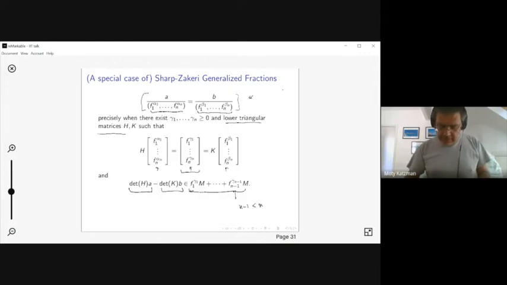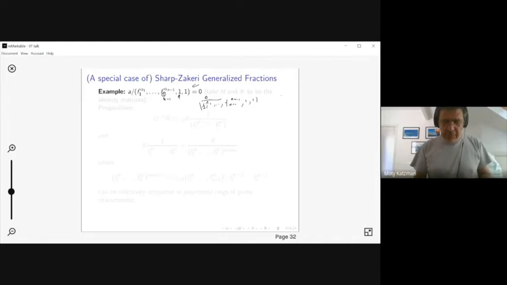In our case, with a different subscript, this is just saying 1 times M. So this thing, which is always in M, is always going to be in M. So this is telling you that the generalized fraction that I wrote here is going to be equal to 0.